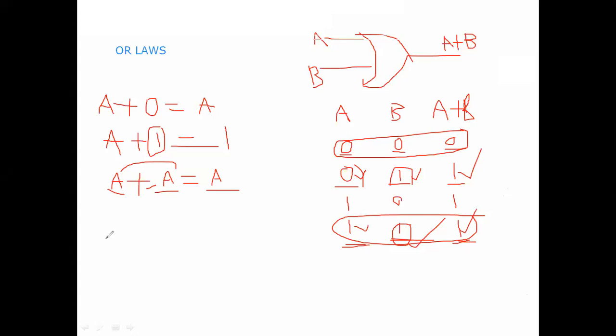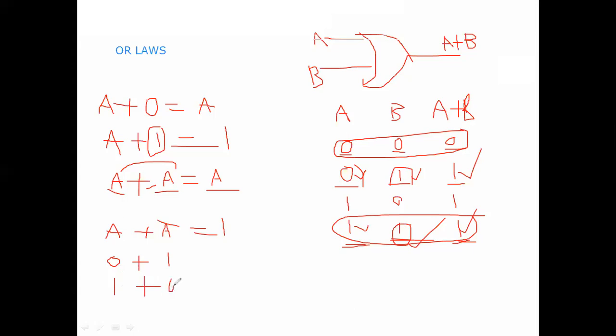So the next one is A plus A bar, which is equal to 1. Very, very important. How to get this? If you are taking A equal to 0, what is A bar? 0 plus 1. Suppose you are taking A as 1, what about A bar? 0.